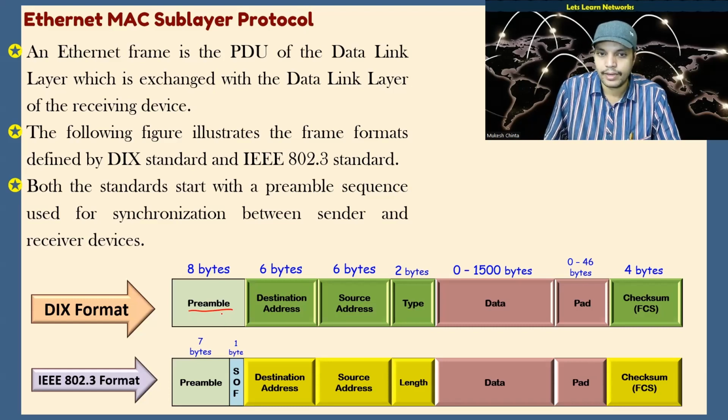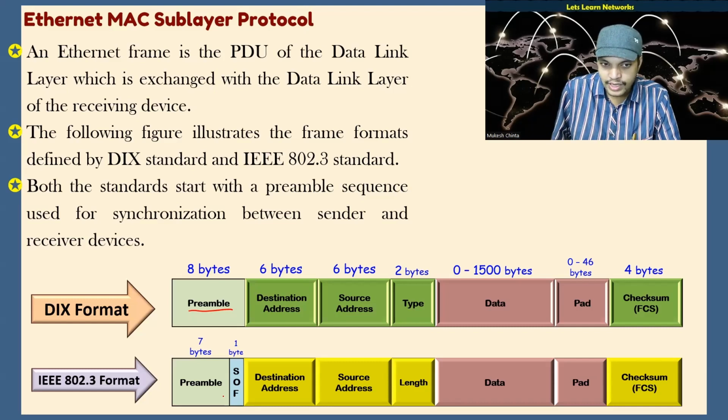What is this preamble? And there is also one difference you can see here. In the DIX format, the preamble is 8 bytes, which is 8 8s are 64 bits. Whereas in the IEEE 802.3 format, the preamble is of only 7 bytes, followed by something called an SOF.